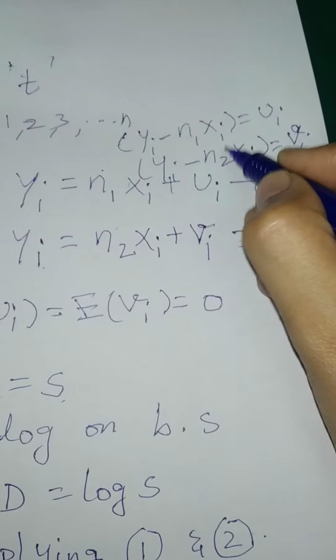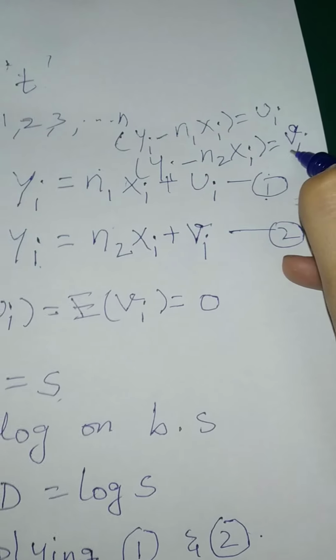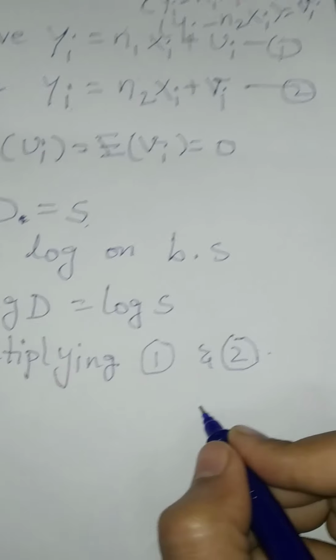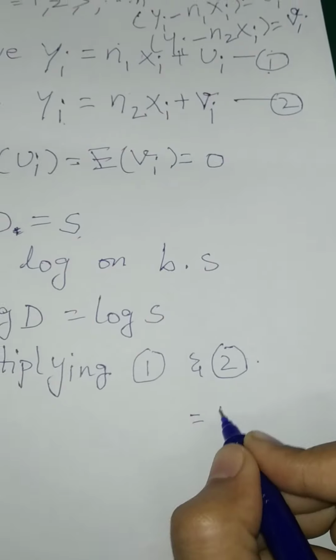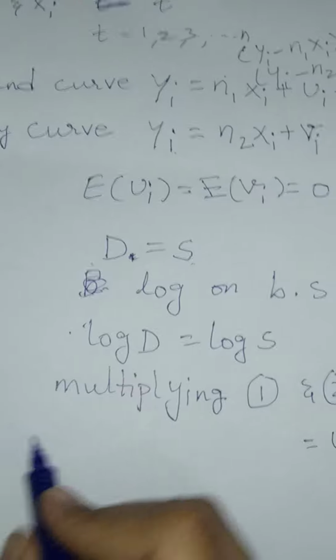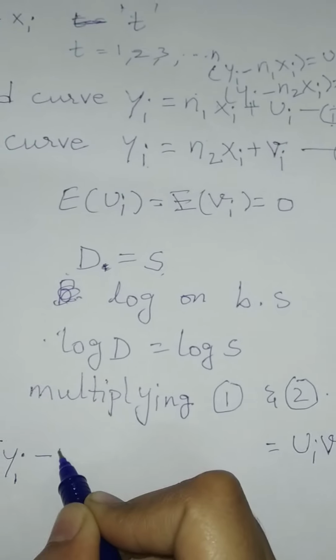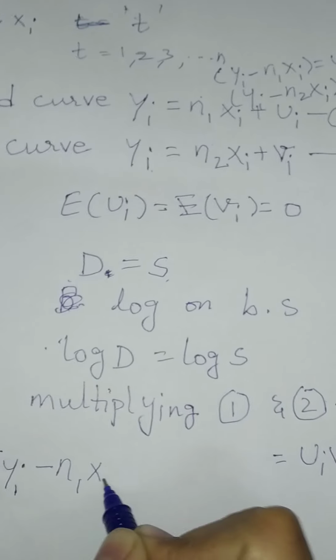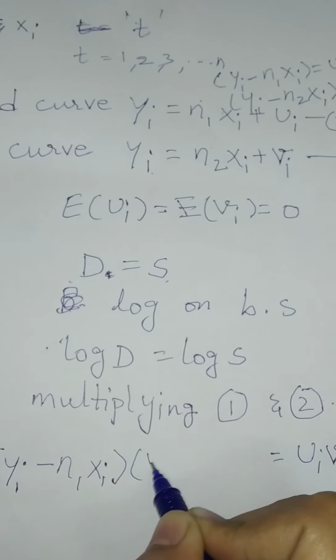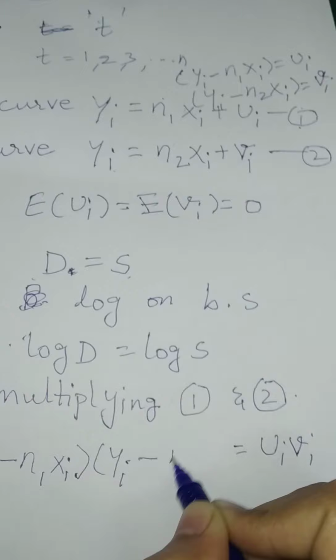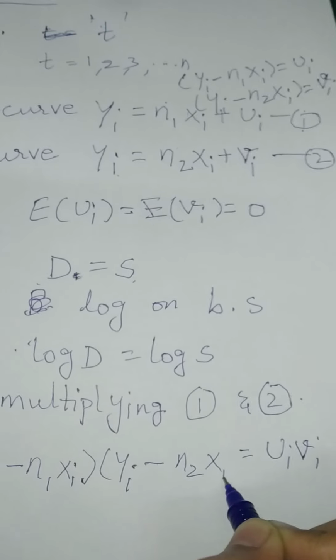So when I multiply these both, it will be ui and vi on the right, and here we have yi minus n1 of xi into yi minus n2 of xi, right?